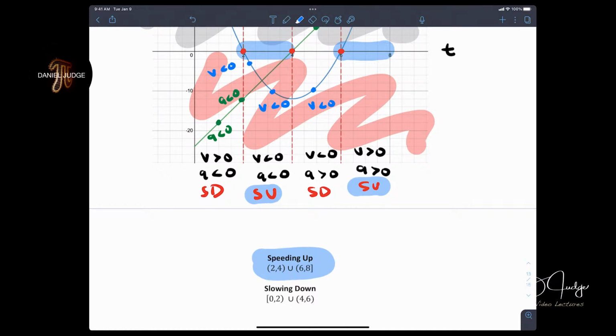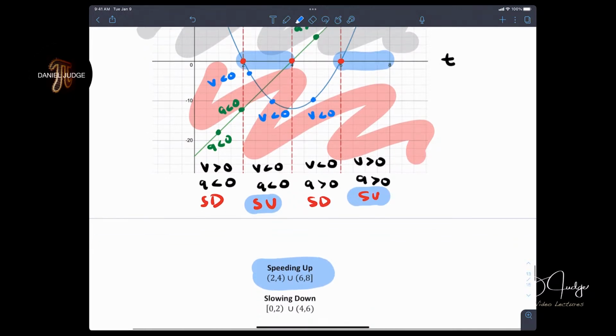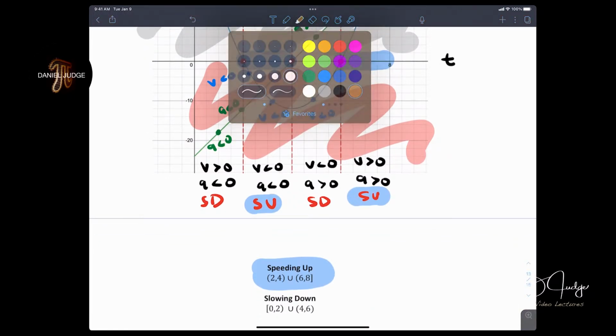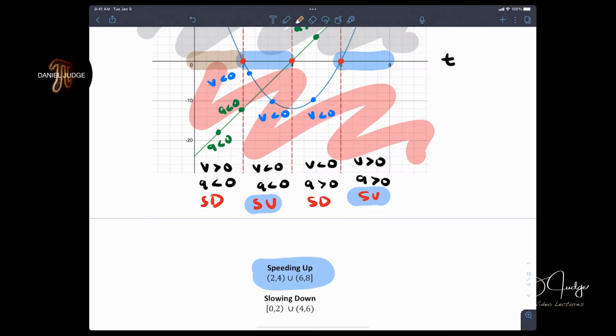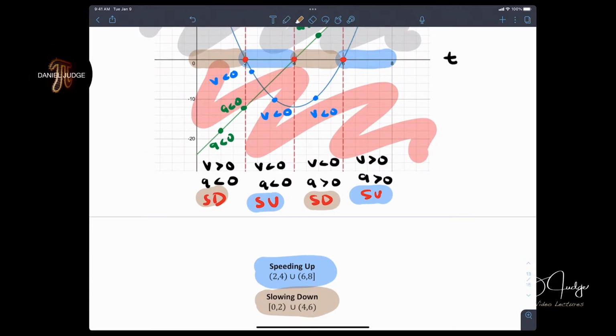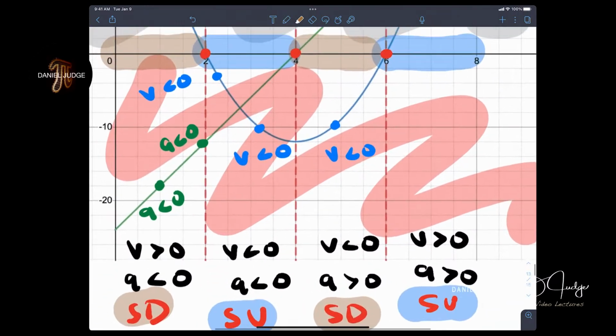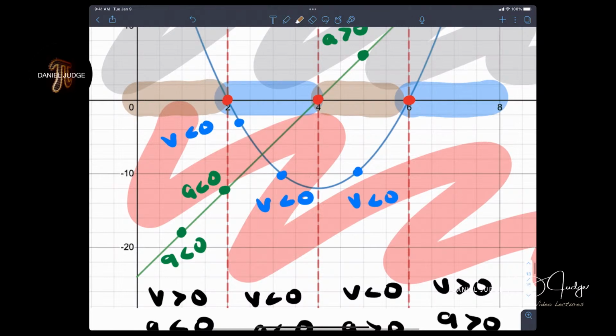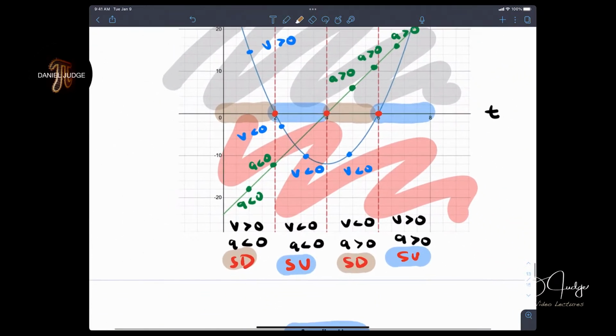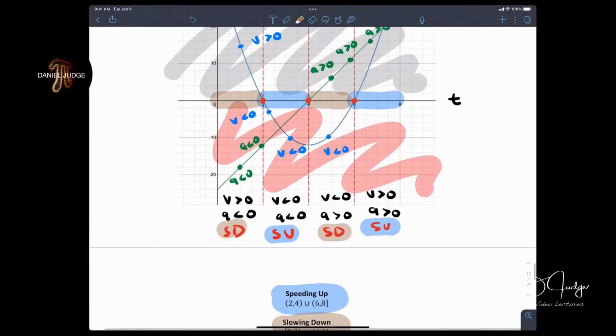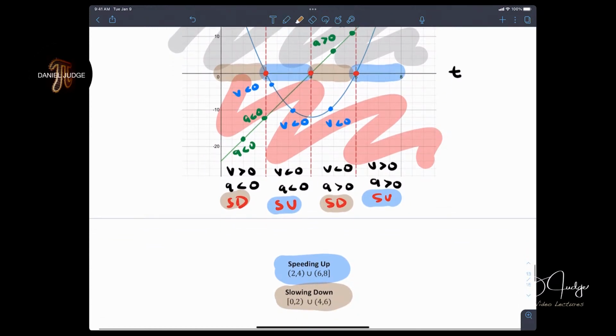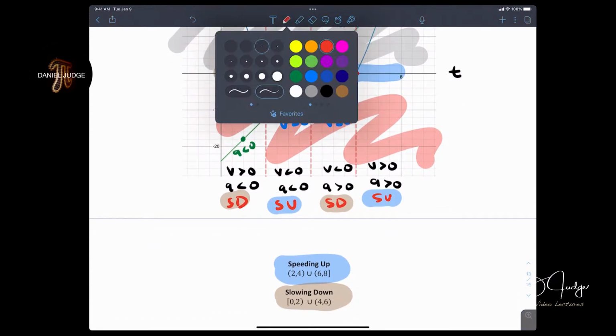Slowing down, here, here, slow down, slow down. What are we describing? From 0 to 2, union 4 to 6. We're looking at this picture here. So in short, sign analysis verifies what we know in terms of all the signs. This is what we did.